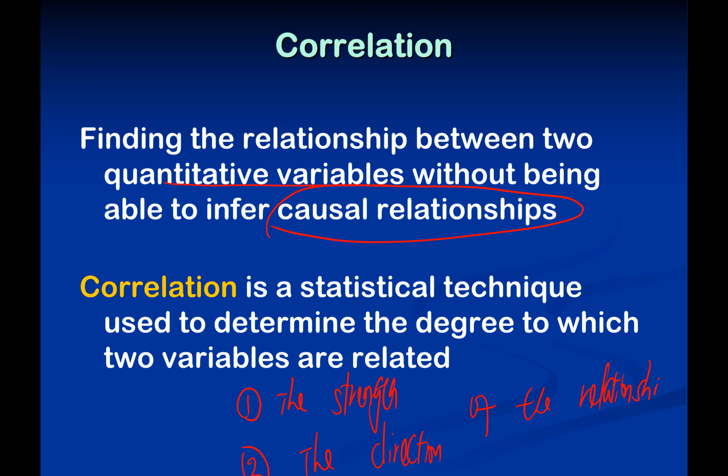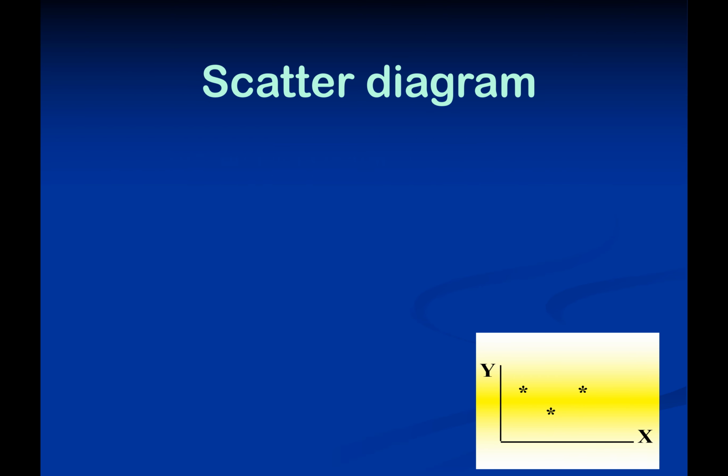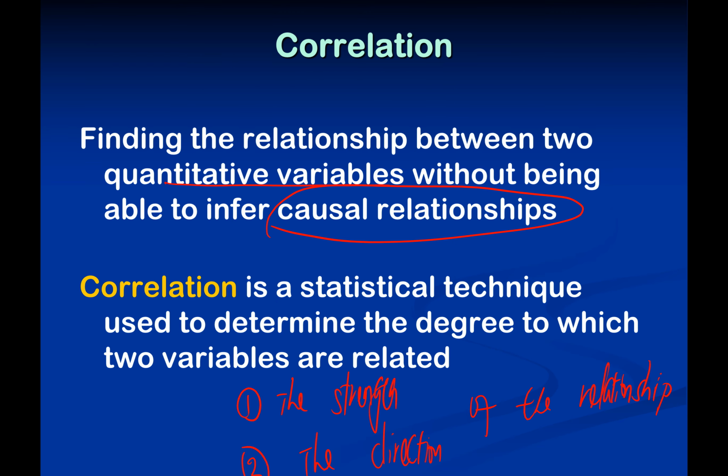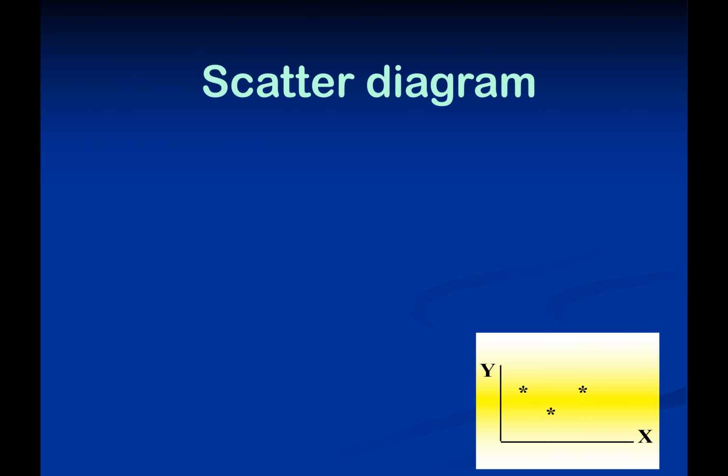We start with two variables, one of them called the independent variable, the other called the dependent variable. We try to figure out the relationship between those two variables.